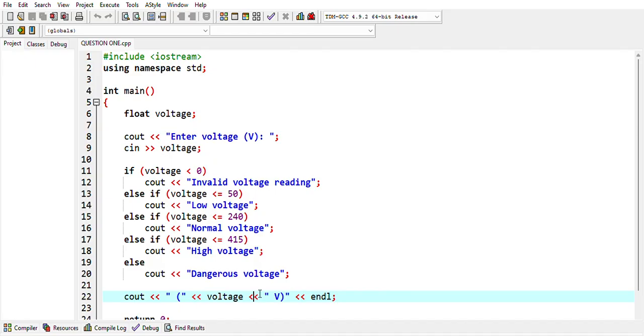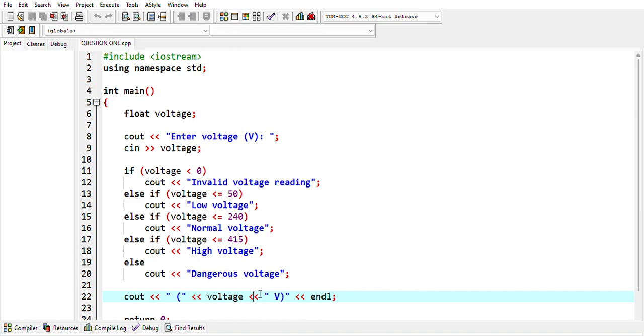It also reads cin >> voltage;. It reads the voltage entered by the user and stores it in the variable voltage.